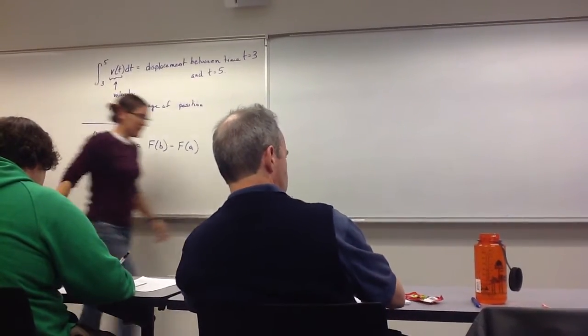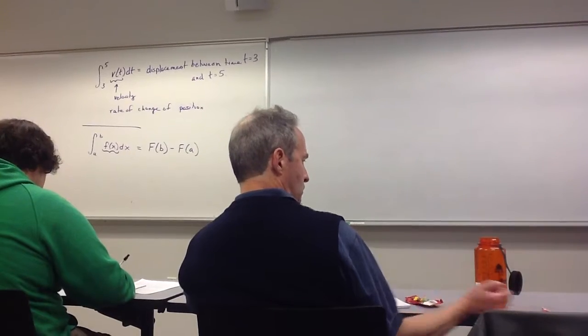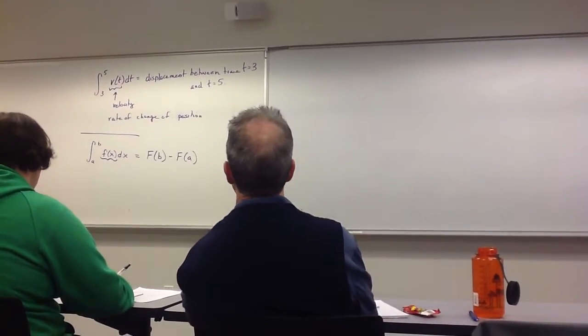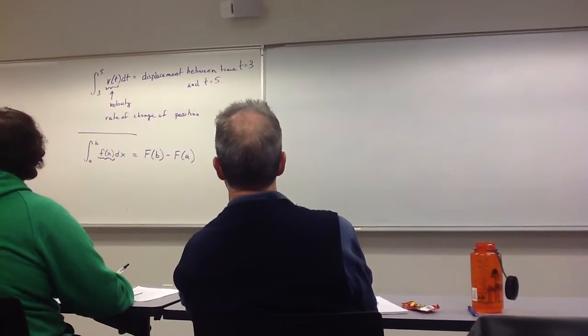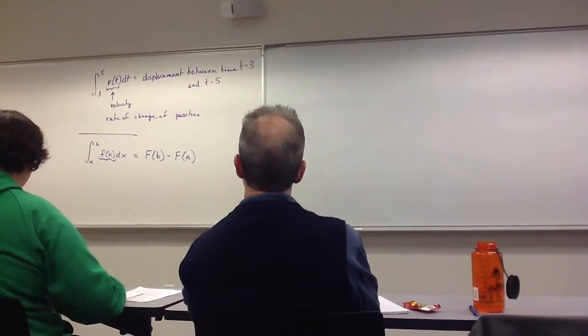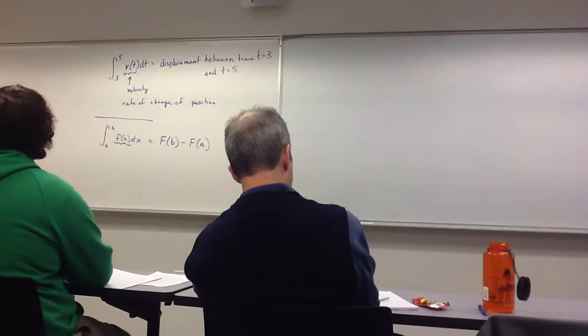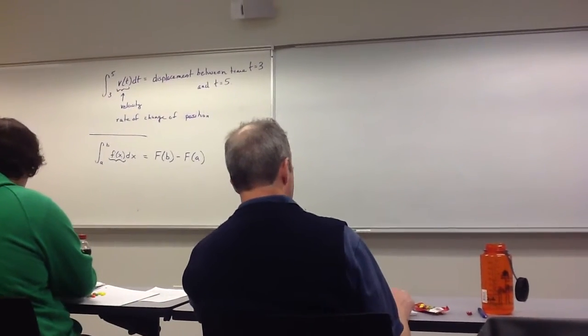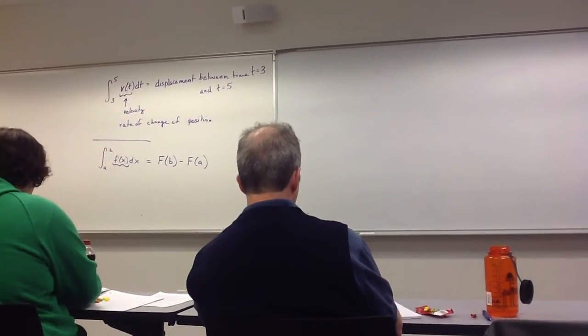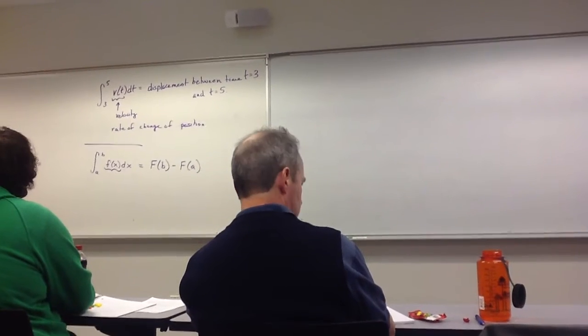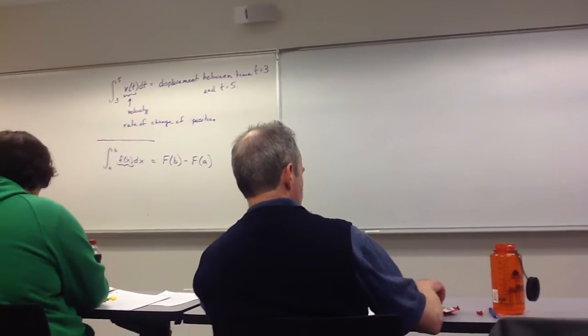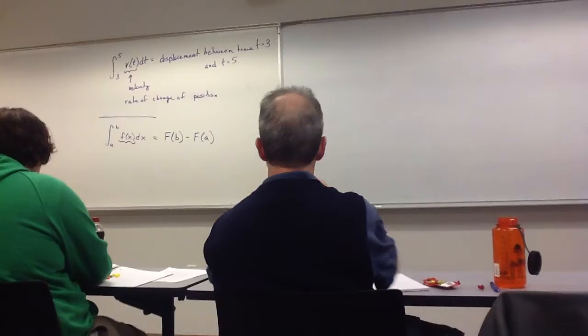So let's see, what do we have? We've got 11, 17, and 55b. This is all in section 5.3. Okay.